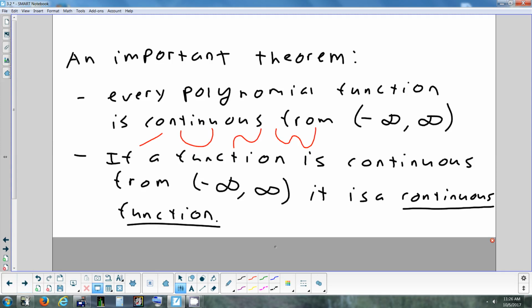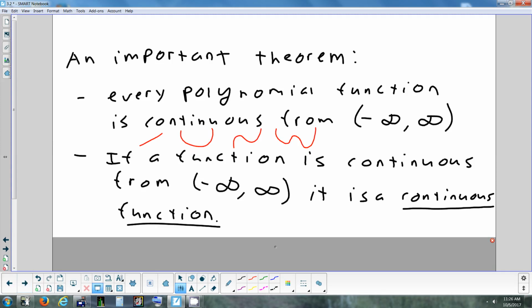And if you have a function that is basically continuous anywhere, not just between like 1 and 2 or between, say, 2 and 5 like we did before, but you could literally give me any starting value, any ending value, and it's always continuous, that's called a continuous function.